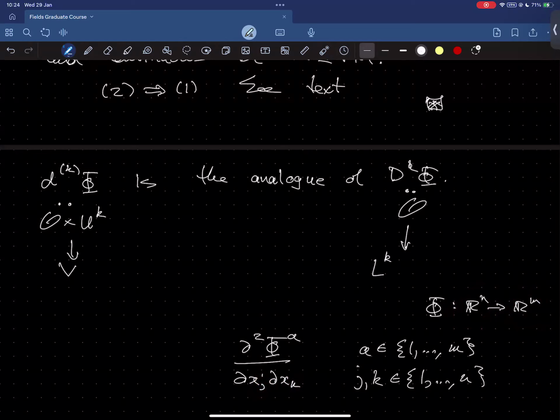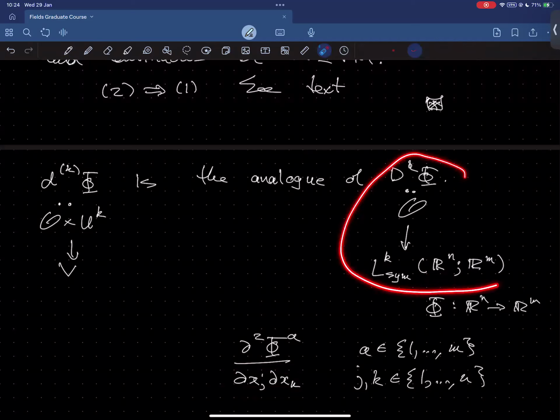Okay, so k corresponds to something which takes k arguments. They're going to be symmetric. Okay, and it's going to take k arguments from Rn and take values in Rm. All right, that's what the derivative is. All right, so in the k equals 1 case, then this is just a linear mapping from Rn into Rm. But for higher k's, it's going to be a multilinear mapping, again corresponding to the fact that you have all of these partial derivatives. Okay.